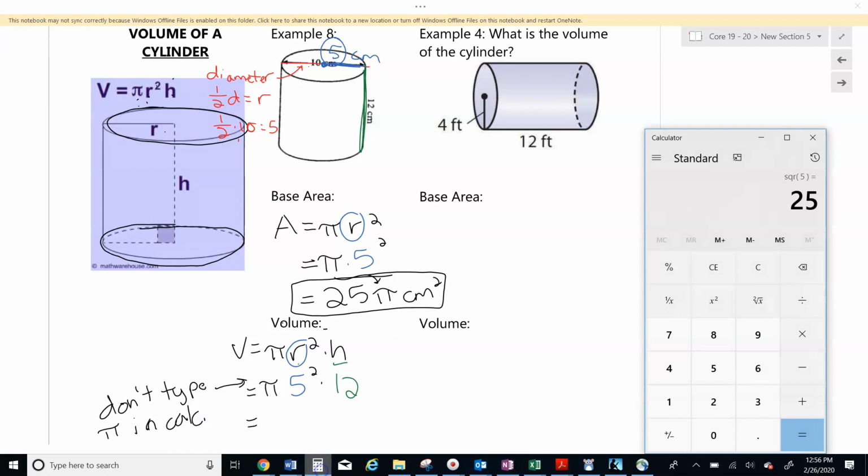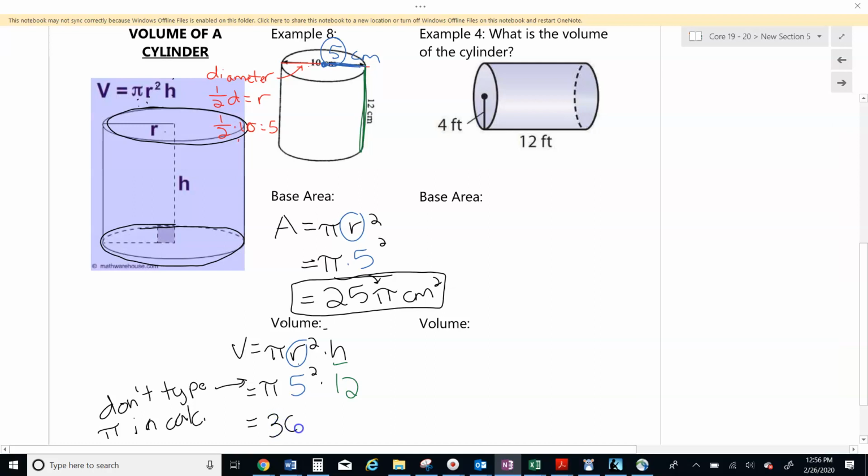So I get 5 squared times 12. And I get 300. That pi comes down. And this is centimeters cubed. Because it's 3-dimensional, right? Volume is cubed, area is squared.